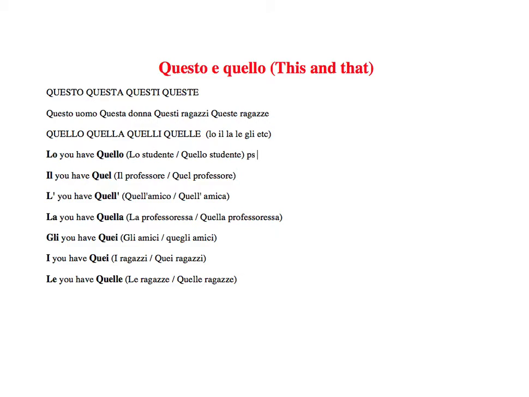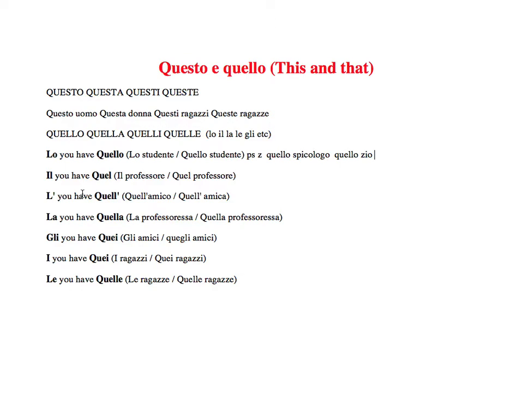Remember, and also we said Z. So for example, if you want to say that psychologist, you have to say quello psicologo. And if you want to say that uncle, you have to say quello zio. Why? Because if you want to say the psychologist or the uncle, you will use lo psicologo, lo zio.